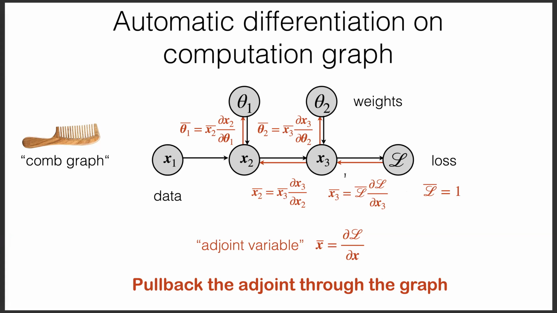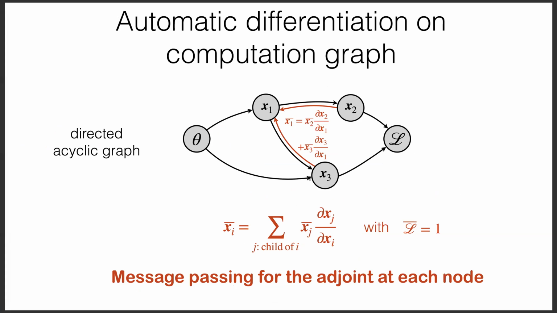all the way through the graph until you reach all the parameter nodes. This can be done locally for each node using basically the chain rule: you multiply the adjoint by the Jacobian. That's nothing special, but it applies to more complicated computer programs or computation graphs, for example with explicit or implicit dependence.